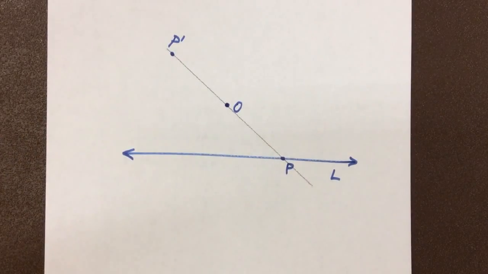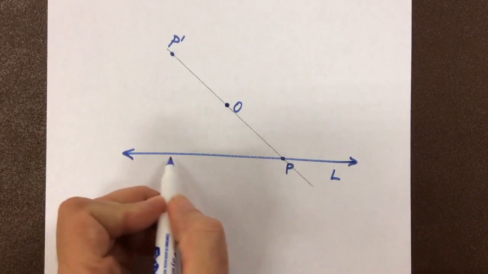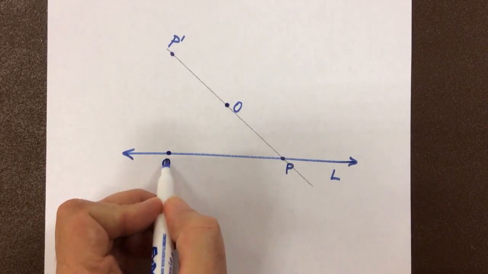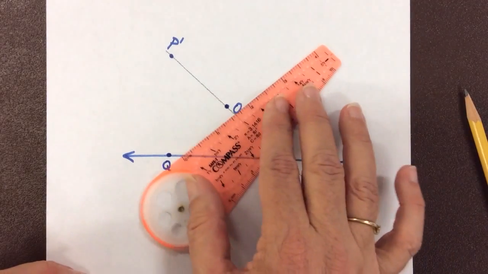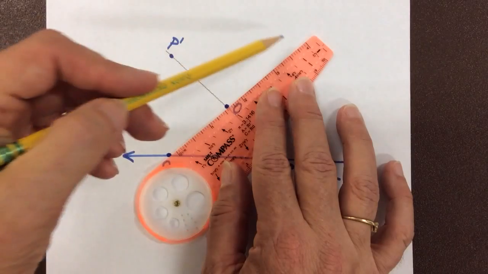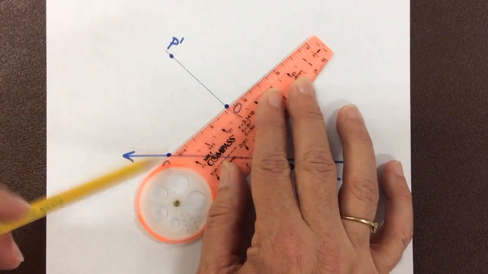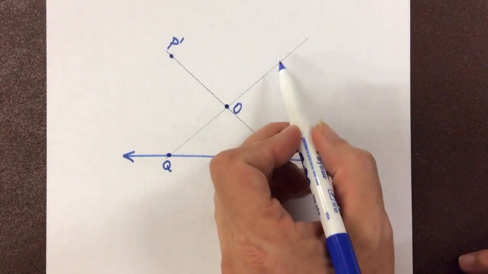So here's a cool thing. This is a proof, and if you followed me so far, do this with me. I could pick any point along L. If I pick another point Q, the same thing is going to be true. Q prime, its image, is going to lie on the line connecting Q and O, and it's going to be over here somewhere.